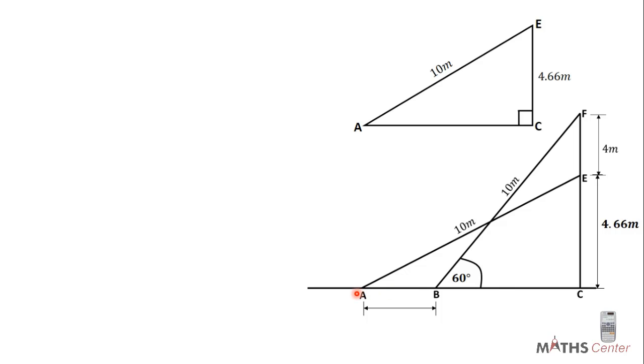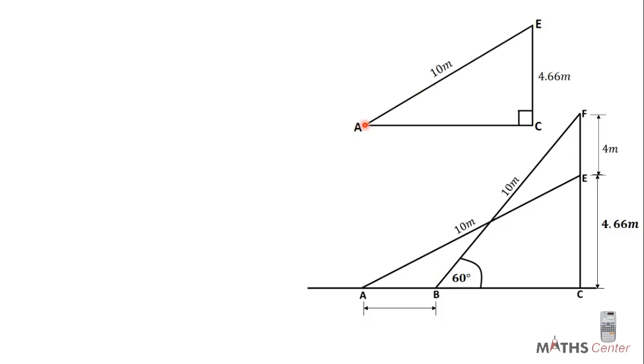Now, before we can find AB, if we're able to find AC, then we find BC, and we subtract BC from AC, we can find AB. This is what I mean. From A to C, if you're able to find it, and we find BC, that is from B to C, we can subtract BC from AC, and that will give us AB.